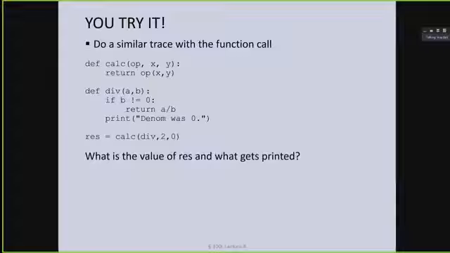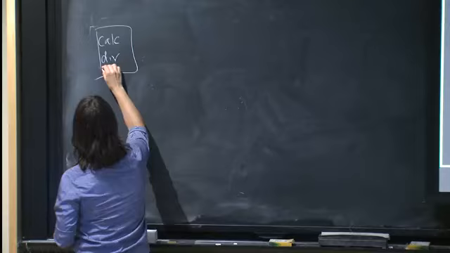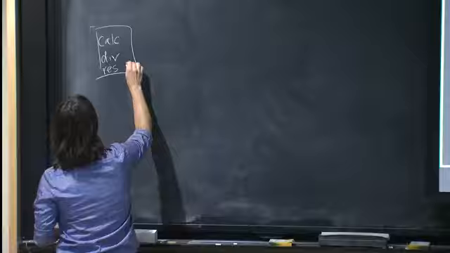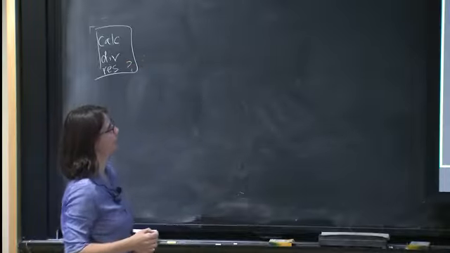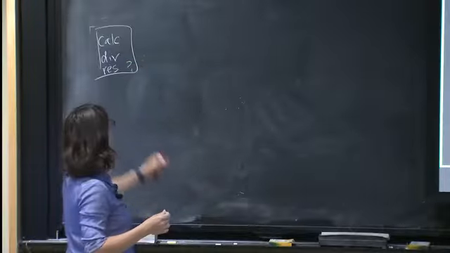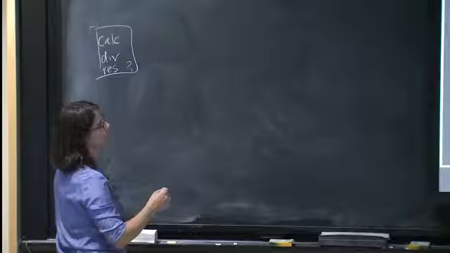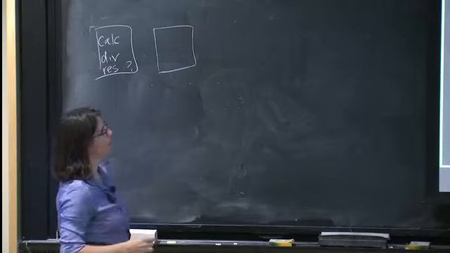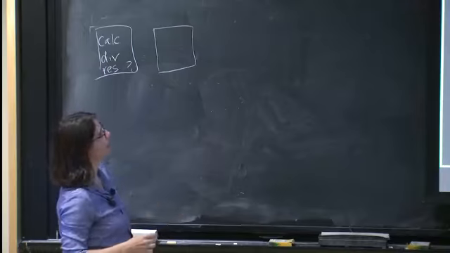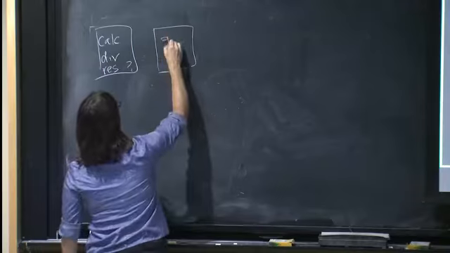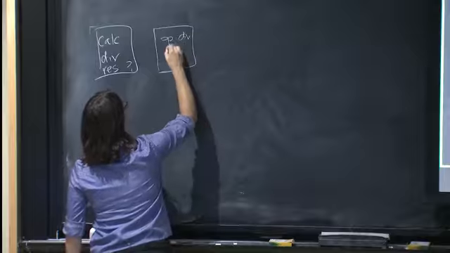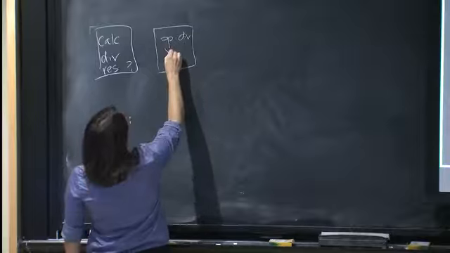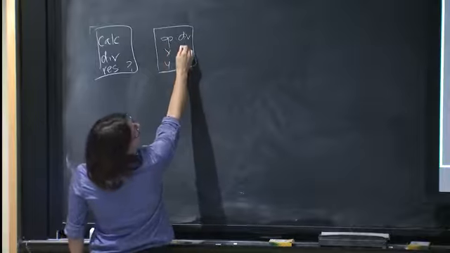And res will be the result, and for res we will have a question mark because we don't know what it is yet. And what's the first thing I need to do? Yeah, make a new scope, exactly. So that's the scope of calc, and we're going to map op to div. What do I have? X and y to 2 and 0.